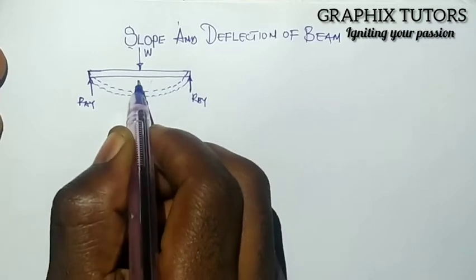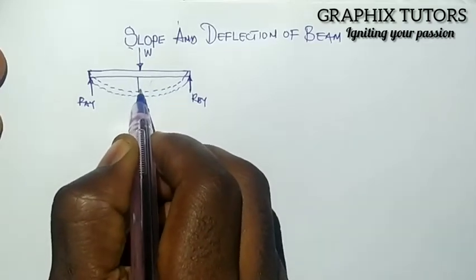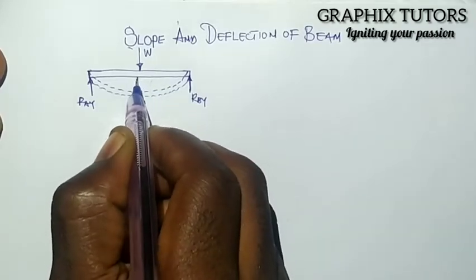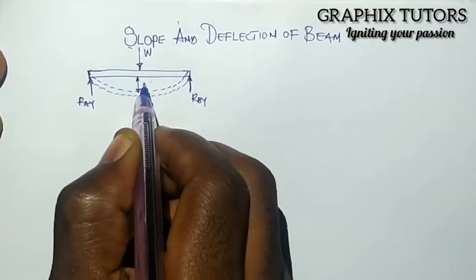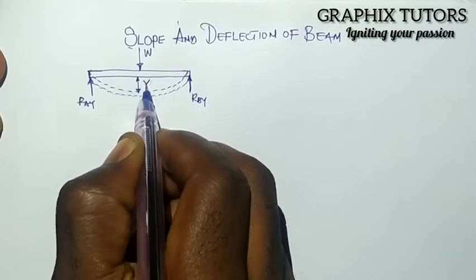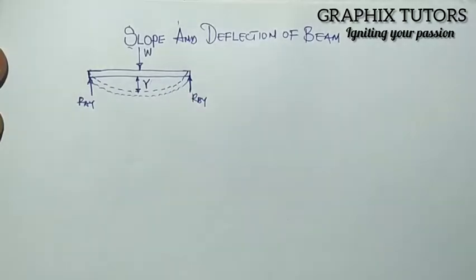So the distance between the beam before and after loading is called Y, and Y is what we call the deflection.